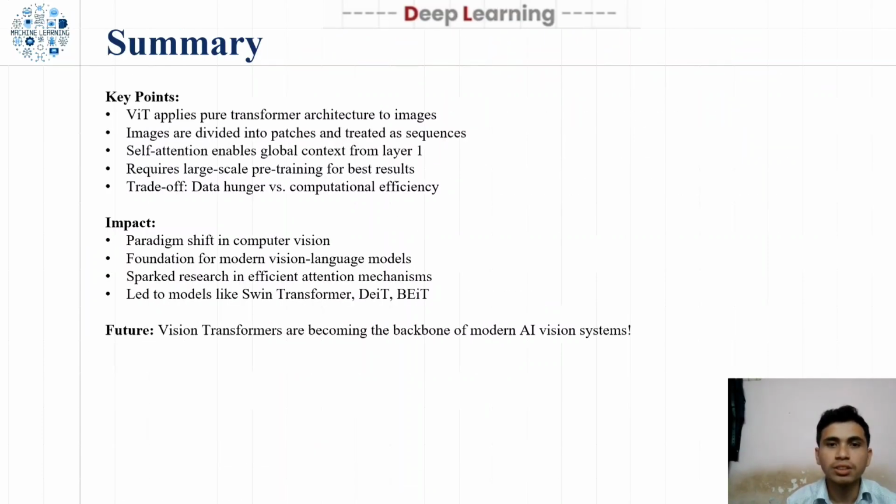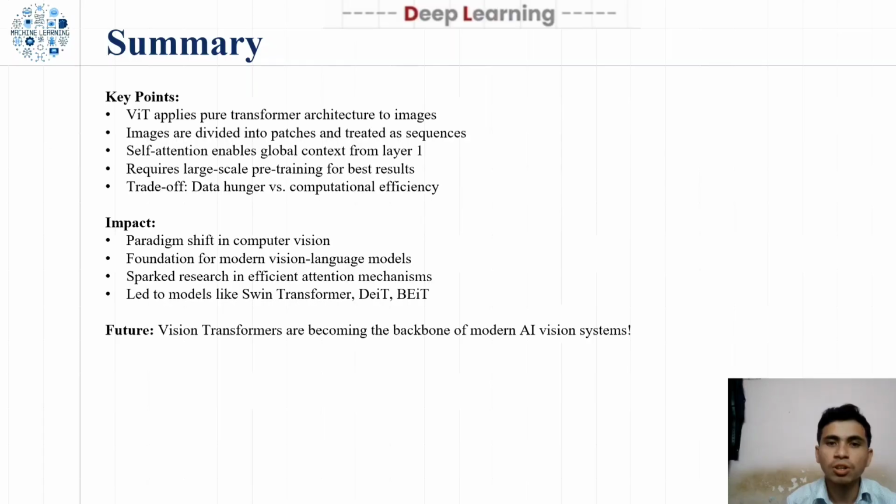So let's summarize what we have learned today about the vision transformer. First, the vision transformer applies a pure transformer architecture directly to images without any convolutional layers. This was a bold and revolutionary step in computer vision.